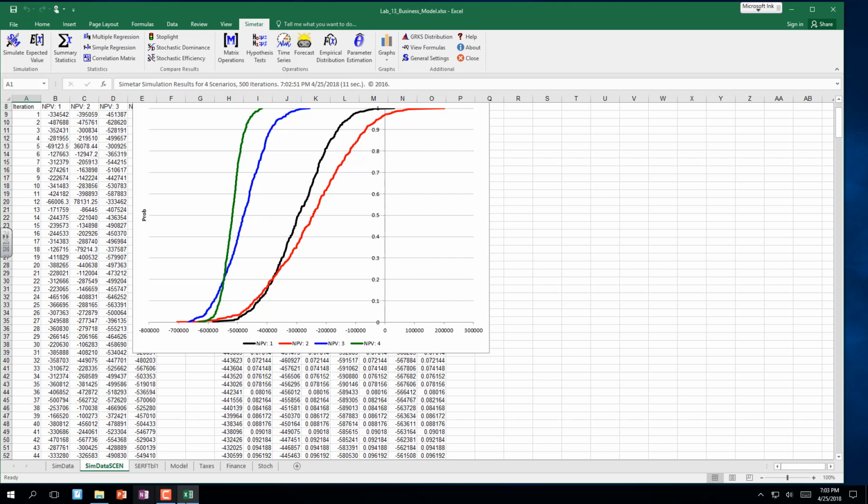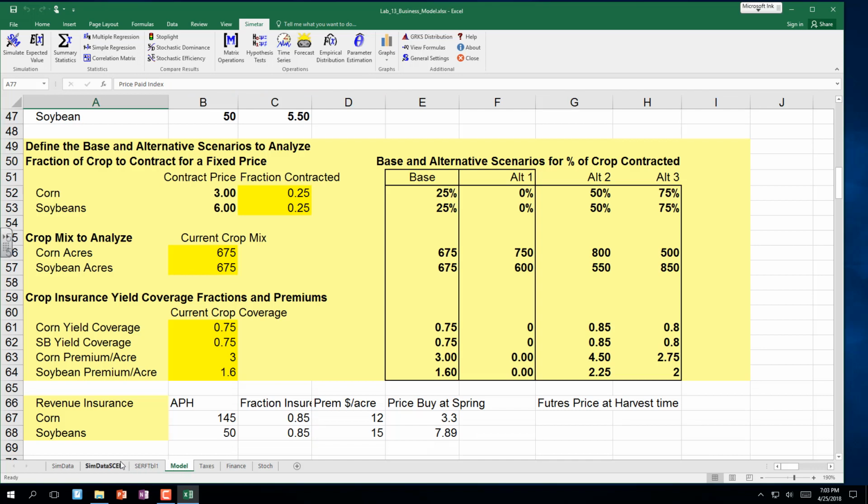So this tool can be very useful at helping farmers figure out what level of insurance to buy. Should we be buying the 75% coverage or 85%? And the prices go up considerably if you go through there. Now these prices are quite low, folks, because this data came from an Iowa farm.